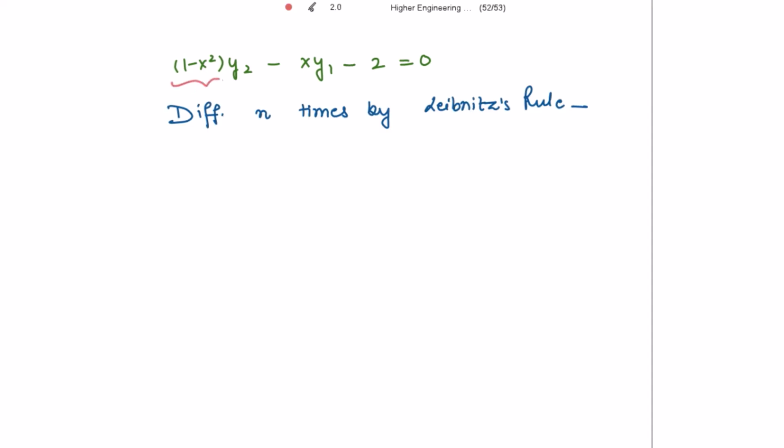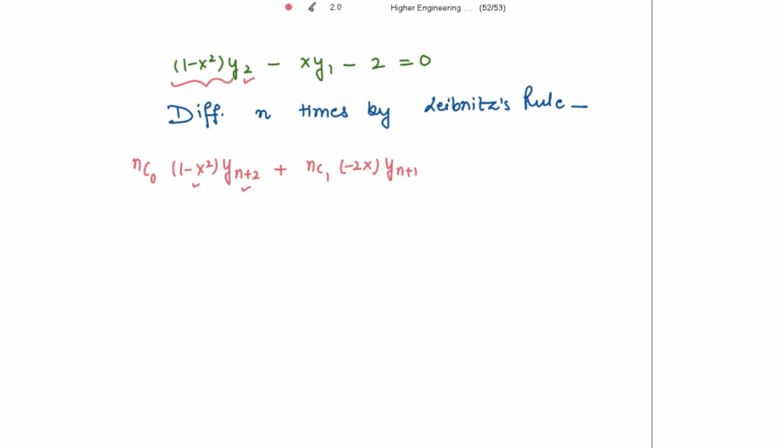So let's apply this for the first term. So for this I'm writing nc0 and then the first factor 1 minus x square. Differentiating this n times, we get yn plus 2. Already it is second derivative, so if I differentiate n times, it becomes yn plus 2. Plus nc1, and then differentiating this minus 2x, and then for this I write yn plus 1.